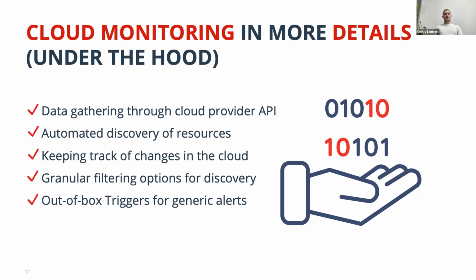Granular filtering options for discovery. We are basically pointing Zabbix to our cloud and saying, collect everything you can find. But pretty often we may have some dev instances, some testing, some just mess and trash, which is not cleaned up in the cloud yet, but we don't see any point in monitoring it.